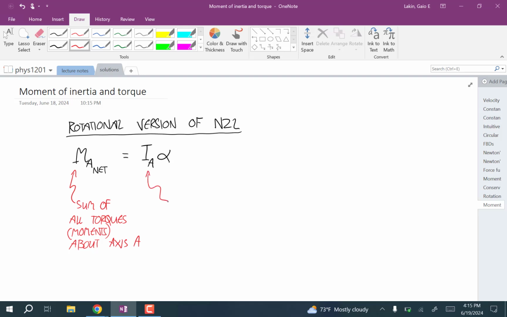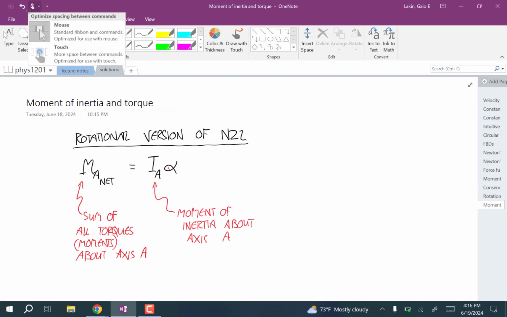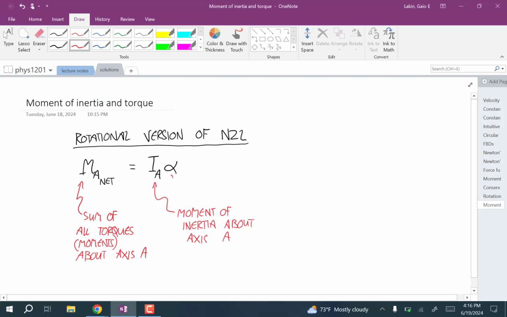This is called the moment of inertia about that same axis A. And you already know what that alpha is. That's the angular acceleration. And so this equation is going to let us relate forces and masses and things like that to angular motion of a body.